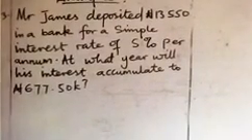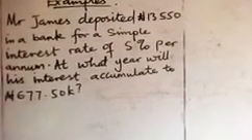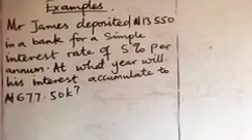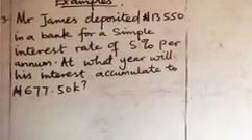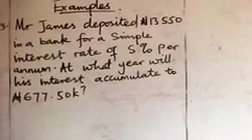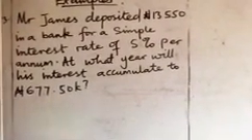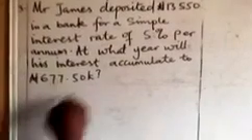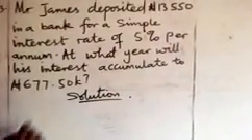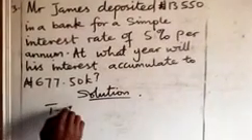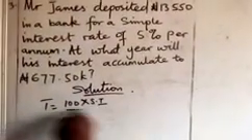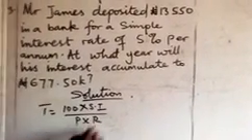Example 3. Mr. James deposited 13,550 naira in the bank for a simple interest rate of 5% per annum. At what year will his interest accumulate to 677 naira 50 kobo? Solution. Our formula is time equals 100 times simple interest over principal times rate.